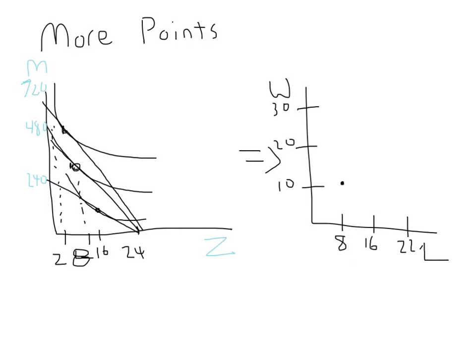So I've drawn in the optima by drawing in some random indifference curves for these 3 points. The first one we've drawn in. The second one, if we spend 8 hours on leisure, we'll work for 16 hours. So the second point on our labor supply curve will be $20, 16 hours.